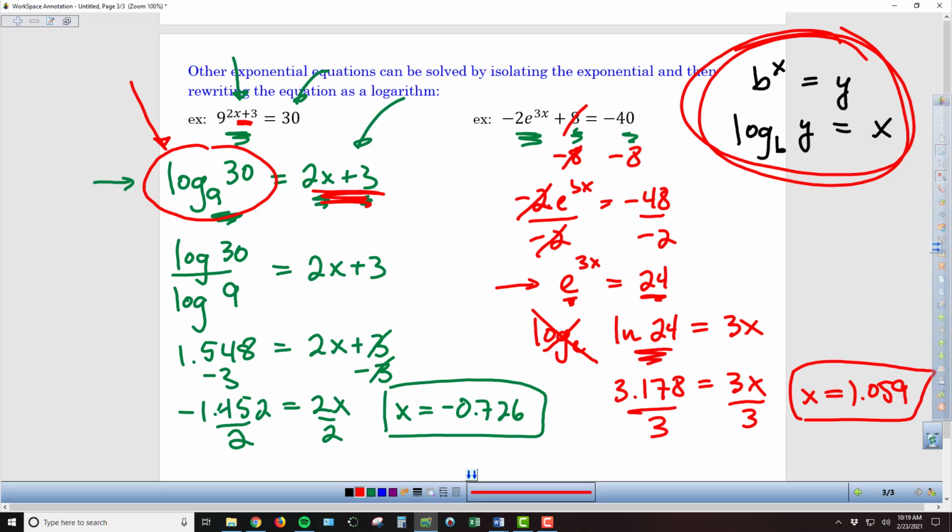So again, on this one, we had to do a little preliminary work to isolate the exponential, but then we use that same pattern here of rewriting the exponential as a logarithm, which is what got our variable out from inside the exponent and on the other side of the equation. So then we just used our calculator to help us the rest of the way.